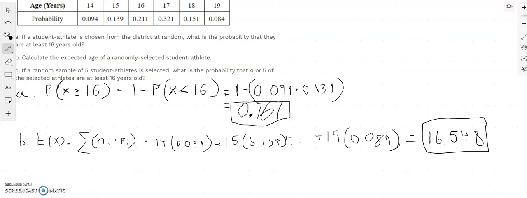Alright, moving on to part C. If a random sample of 5 student athletes is selected, what is the probability that 4 or 5 of the athletes are at least 16 years old?